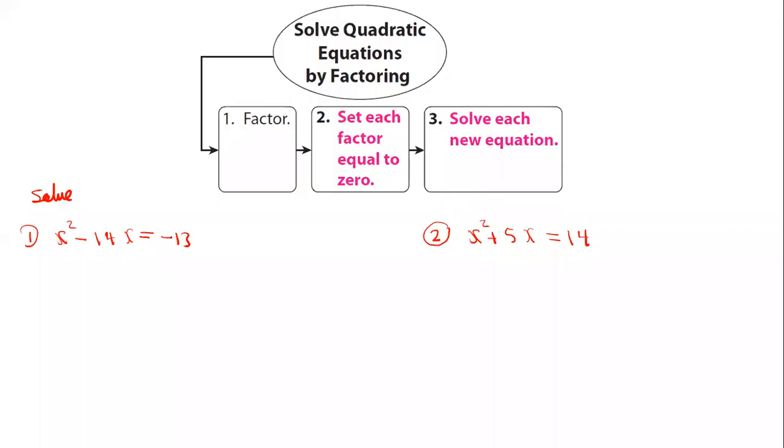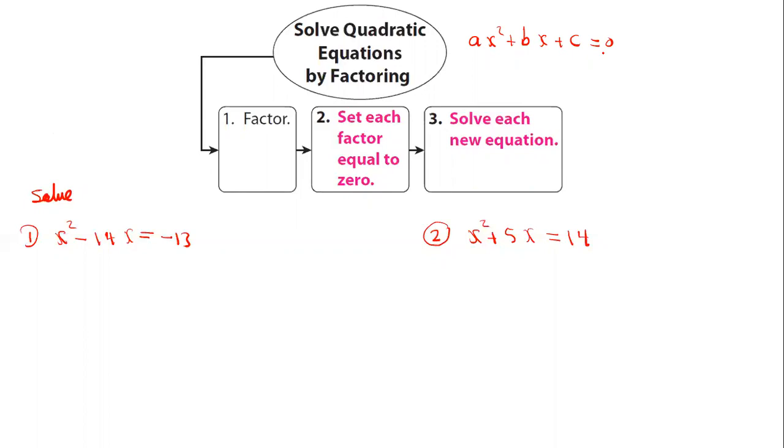Now we will study how to solve a quadratic equation by factoring. Firstly, a quadratic equation must be written in this form: ax squared plus bx plus c equal to 0. I can solve this quadratic equation, okay? I will factorize this trinomial and set the product of the two factors equal to 0.